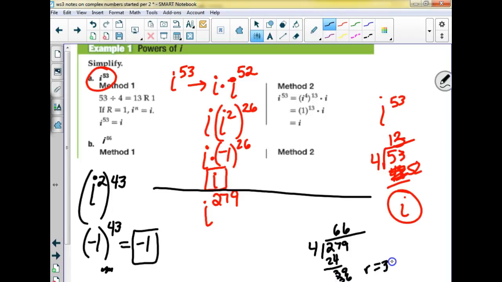Yes? Okay. So it went in 66 times, which is 1 to the 66, so that's gone, because 1 to any power is 1. So there's 3 i's left over is what this means. It simplifies down to an i cubed. Do you know what an i cubed is? Yeah, because it's an i squared times another i, right? Which is -1i.